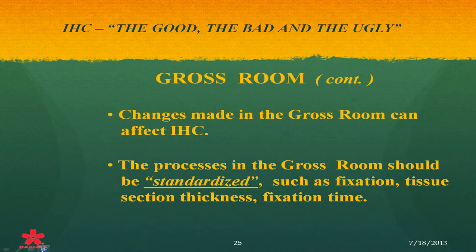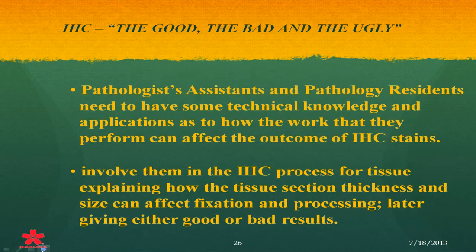And we need to remember that changes made in the gross room can affect IHC. The processes in the gross room should be standardized, such as fixation, tissue section thickness, and fixation time. All these are very critical and very important.